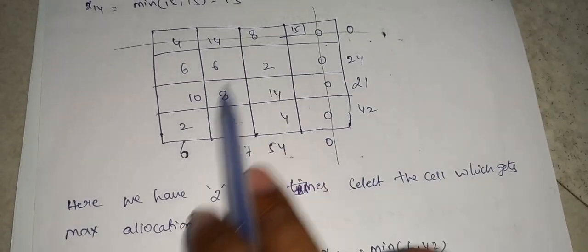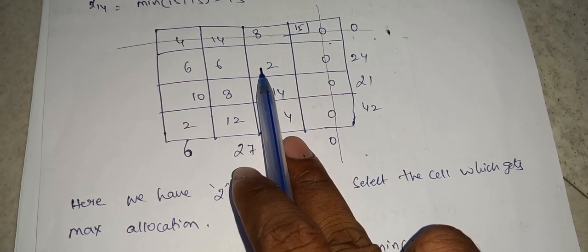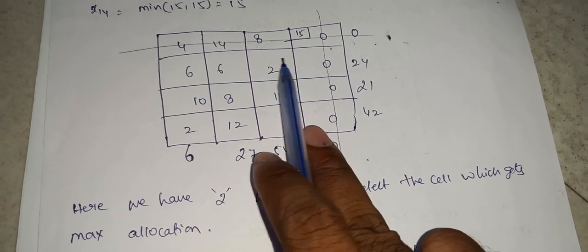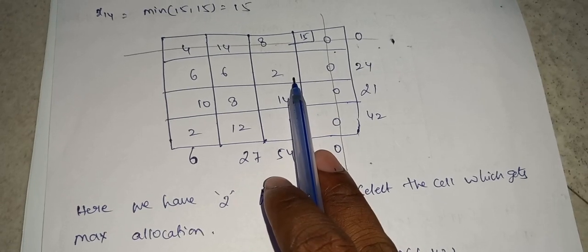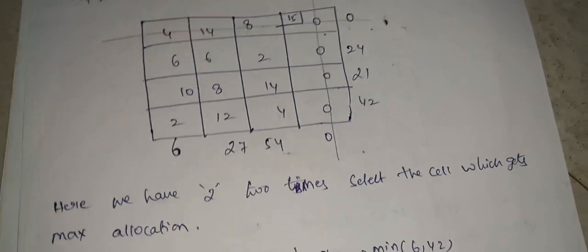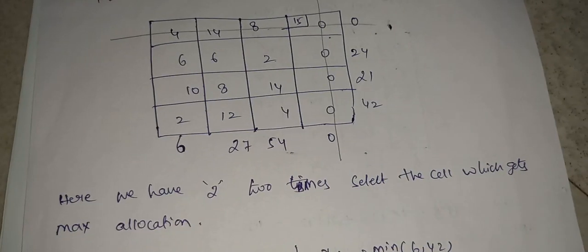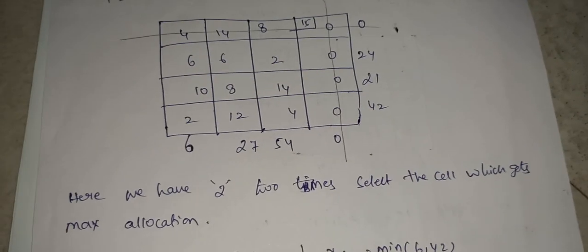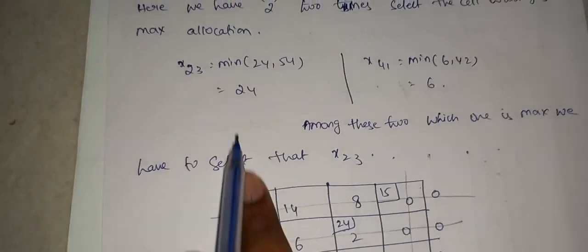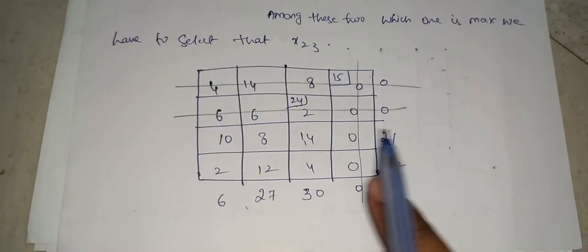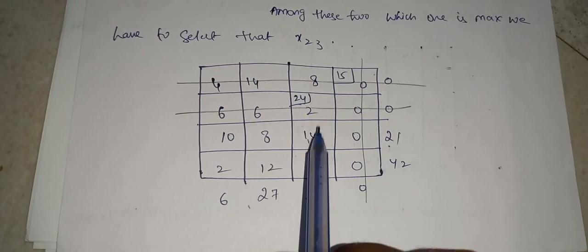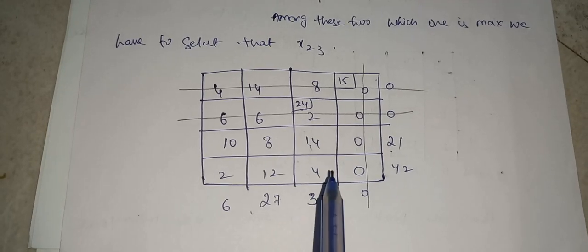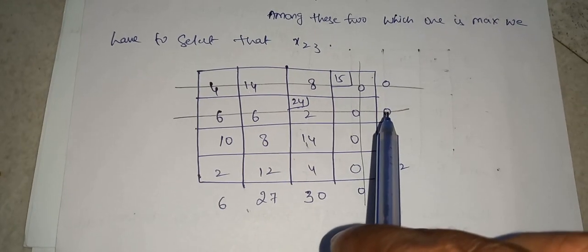Among 6 and 24, which one is the maximum allotment? 24 is the maximum allotment. So I am selecting this 2. If in any problem you get repeated values, solve by this method only. Select the cell which gives the maximum allotment. I am selecting the 24 here. So subtract 24 here, and from 24 cancel that row.